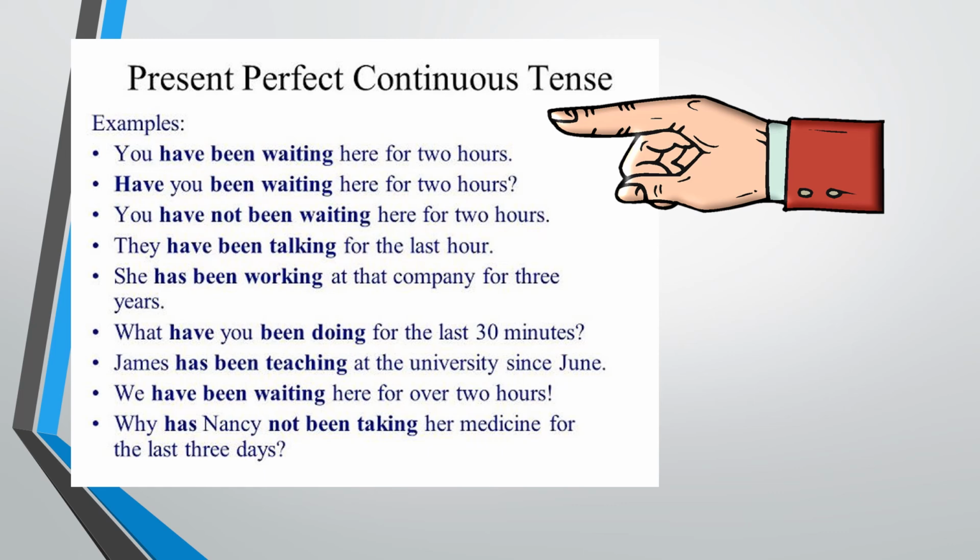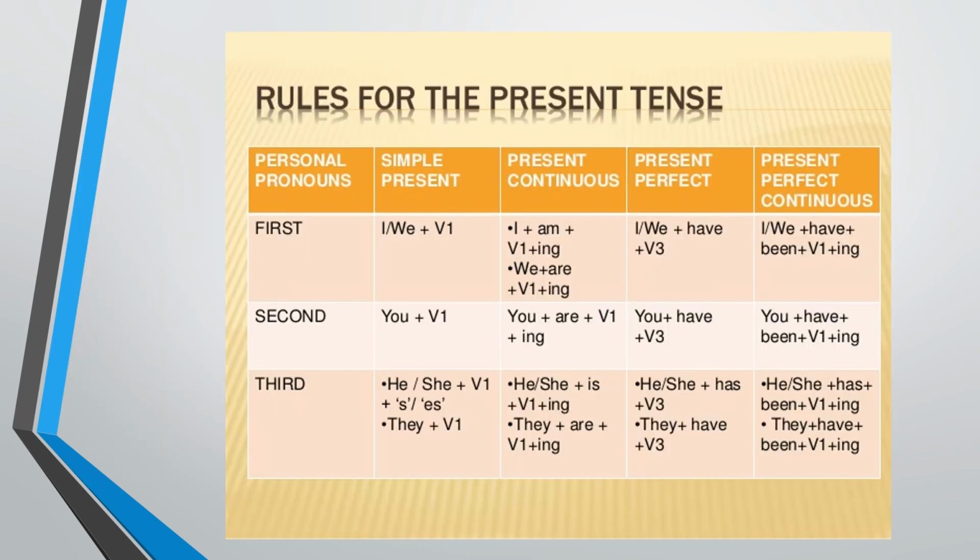After this, come to its rule. Today we have learnt about the rules for the present tense, which is further divided into simple present tense or present indefinite tense, present continuous tense, present perfect tense, and present perfect continuous tense. And the first one is simple present tense or present indefinite tense.